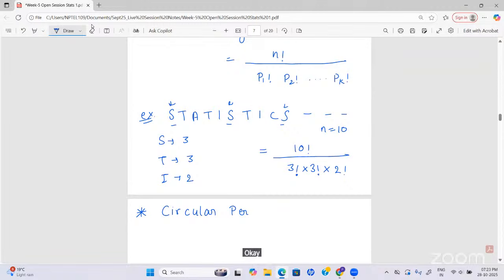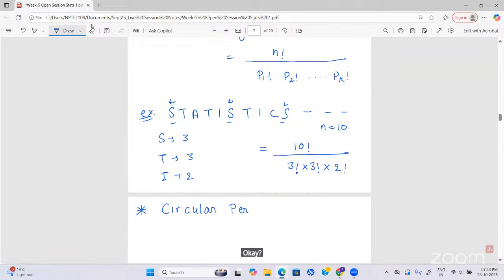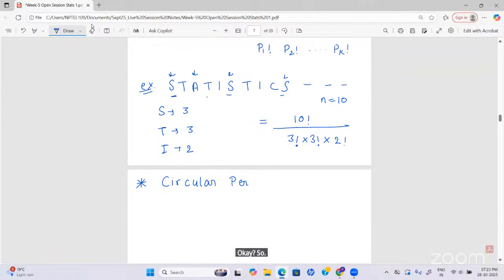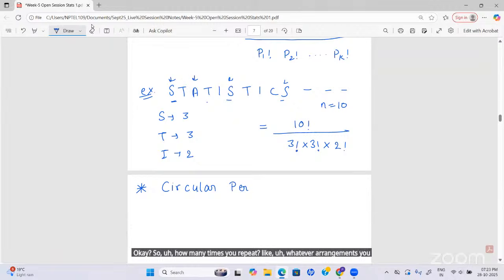So the question is, you are given this word, and you have to rearrange the letters. You have to see how many rearrangements you can have with these letters. A is coming only 1 time, so whatever arrangement you take, A will come only 1 time.